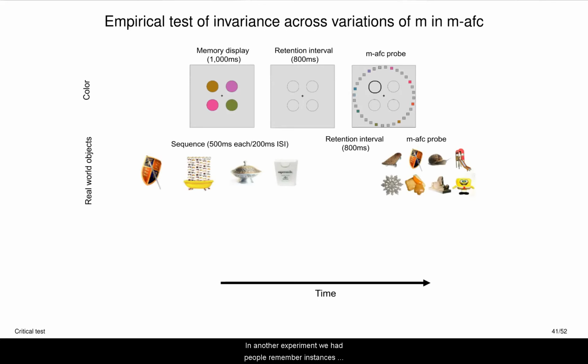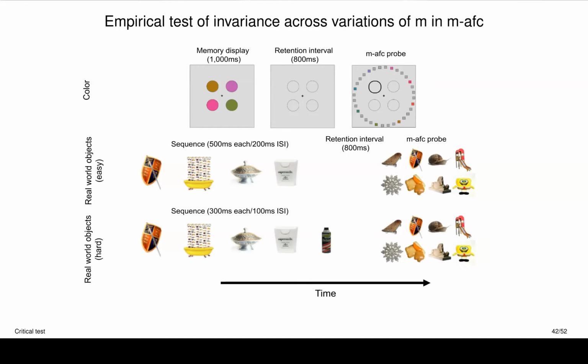In another experiment, we had people remember instances of real-world objects. Here people were shown images of one real-world object at a time. After a retention interval, they were shown a set of 2, 4, or 8 objects, and instructed to click on the object that was shown in the sequence. Again, here we chose foil items that were from a different category and conceptually unrelated to all objects in the sequence.